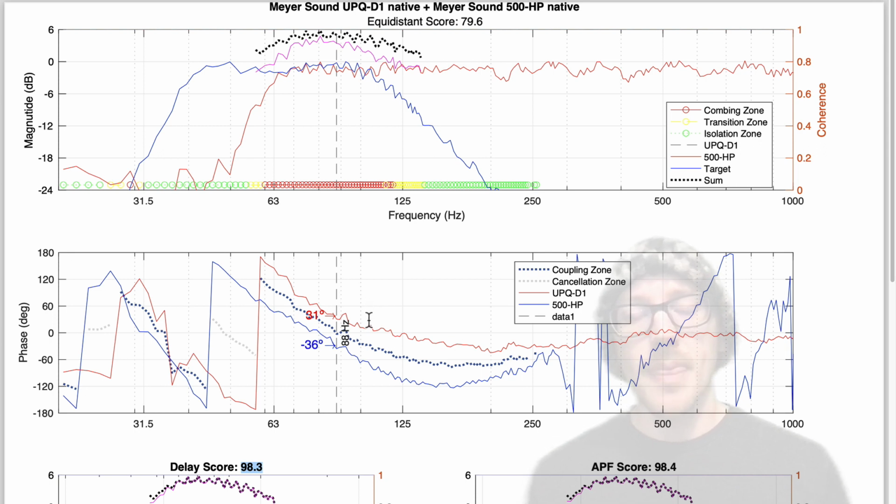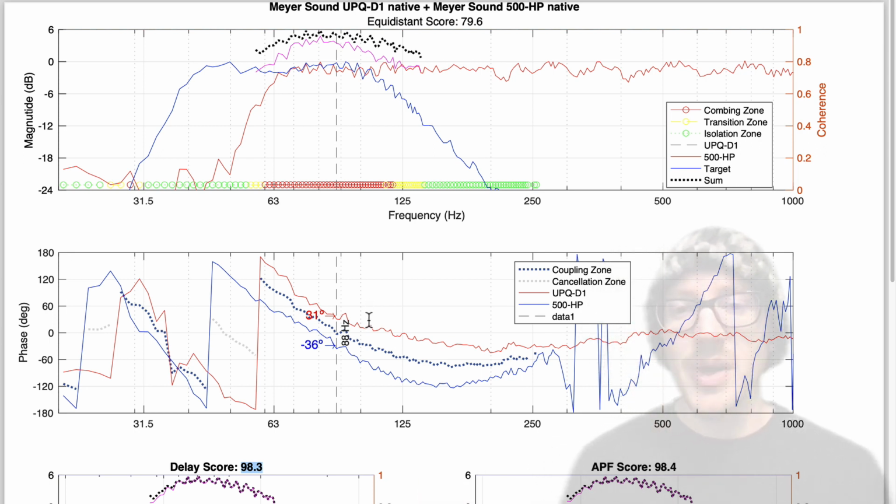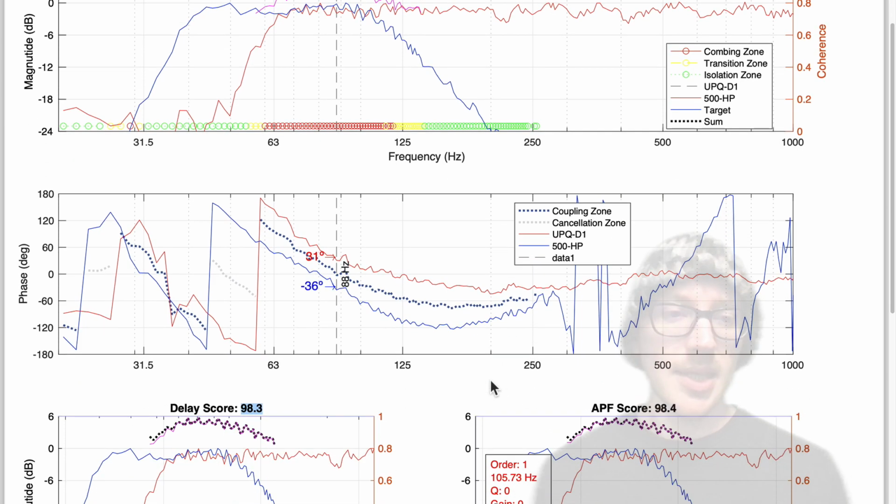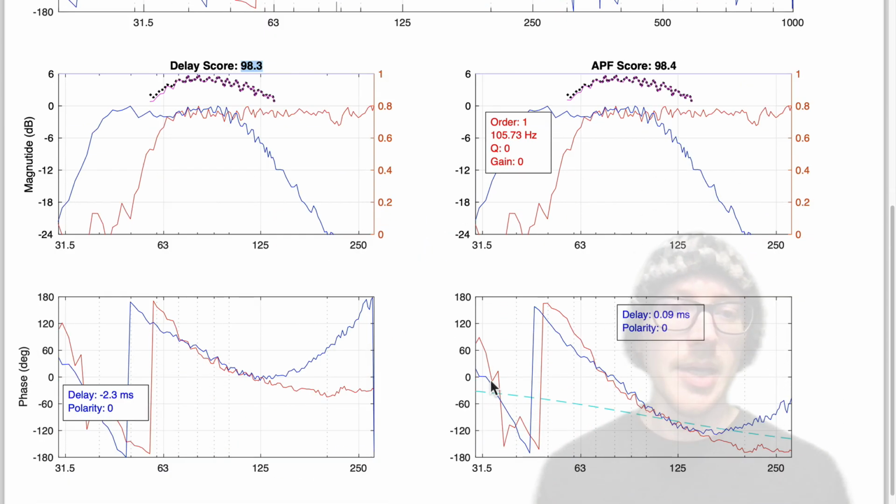I'm not an expert with filters, but if I were to hazard a guess right now, I would say up somewhere around 100 hertz, maybe a second order filter or a first order all pass filter. And that is similar, I think, to the solution that the robot came up with.